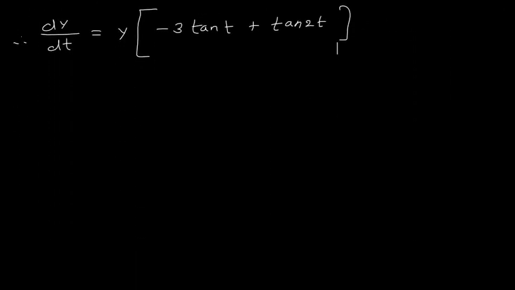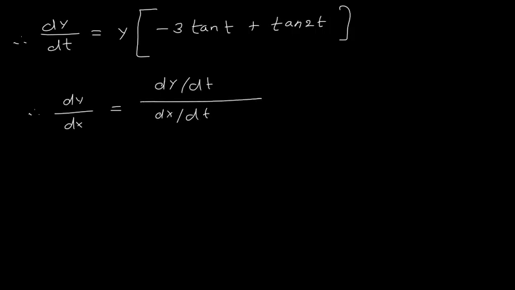So dy upon dx, finally, is equal to dy upon dt whole divided by dx upon dt.